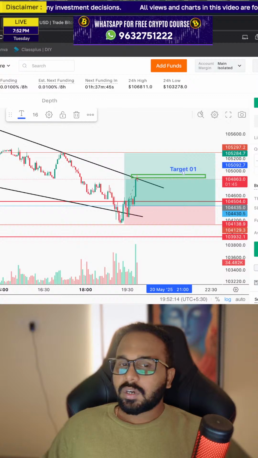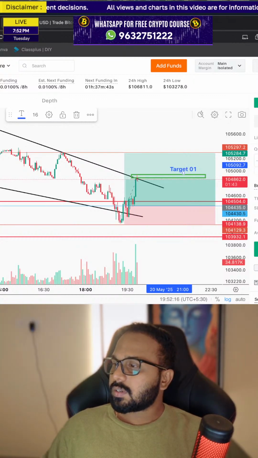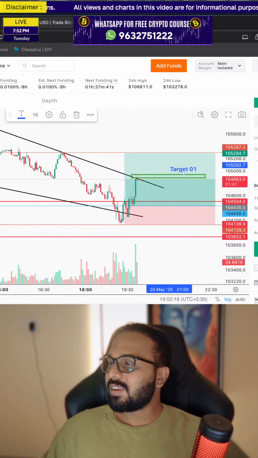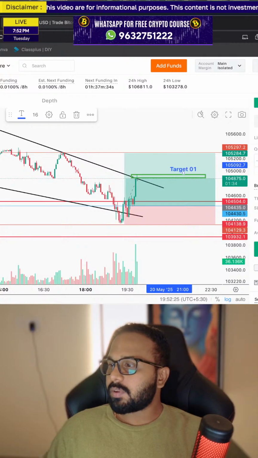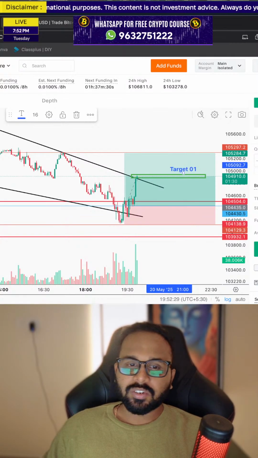S&P 500 again forming bids at the upper level. Hopefully it gives a breakout and goes to the 5,950 zone. S&P 500, Nasdaq again correction.